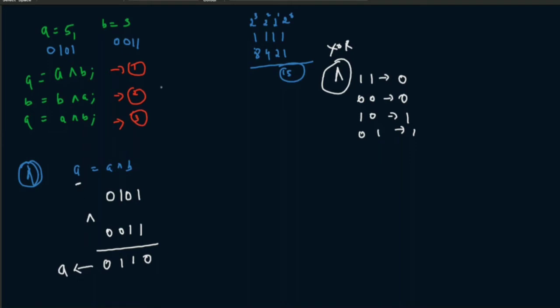Now the second equation: B is equal to B XOR A. What is B? B is 0 0 1 1, so I'll write it here.